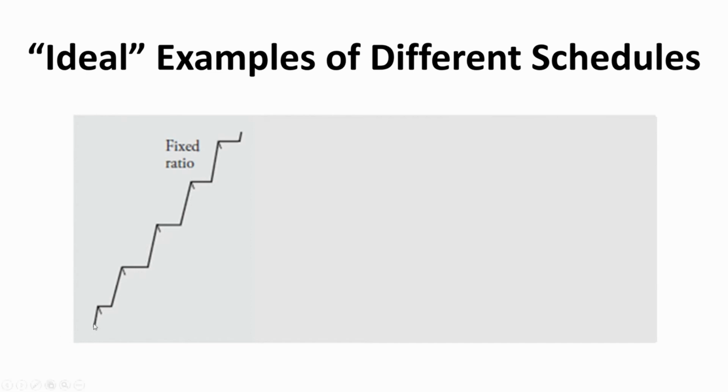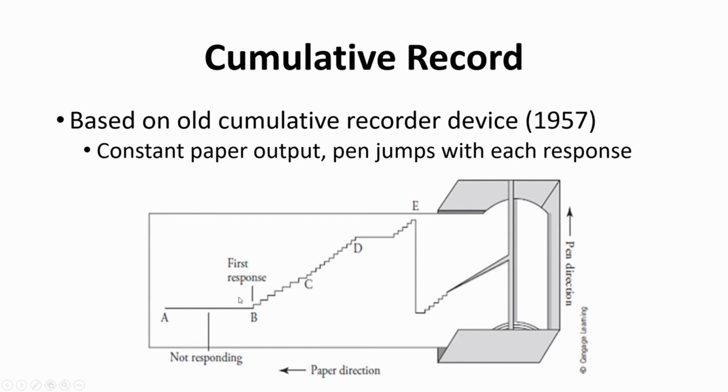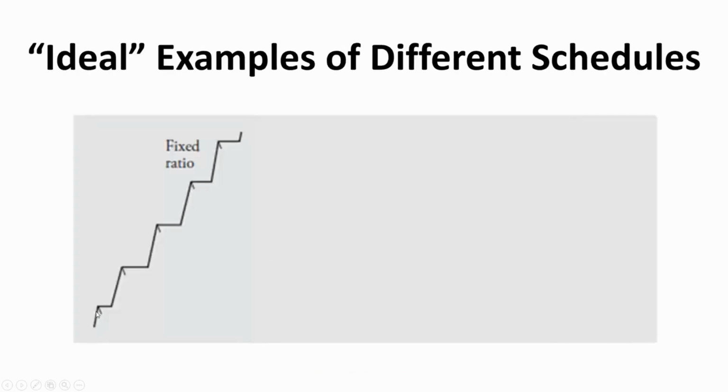You might notice that each time reinforcement is delivered, we see this plateau, where if you think back to our cumulative record machine, those flat points are pieces where there is no responding. So after reinforcement has been delivered, there's a period where no responding is made.